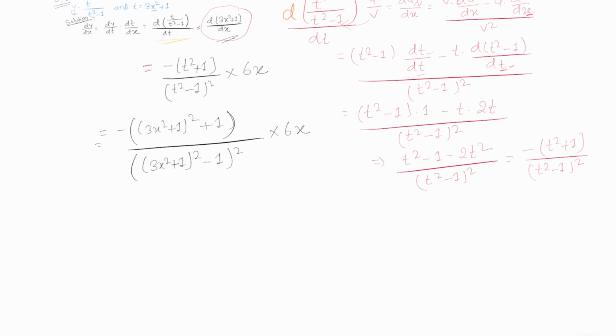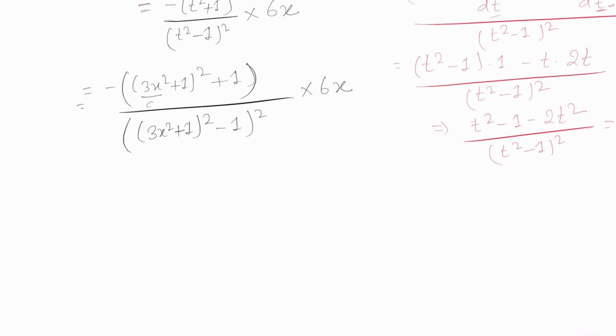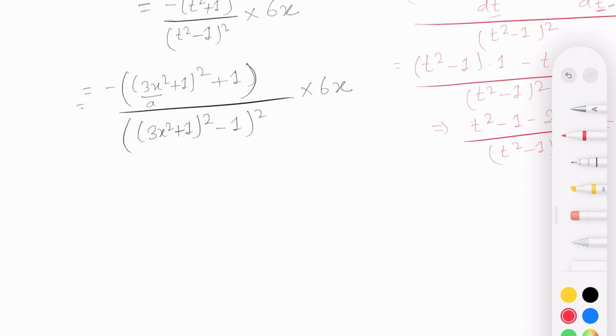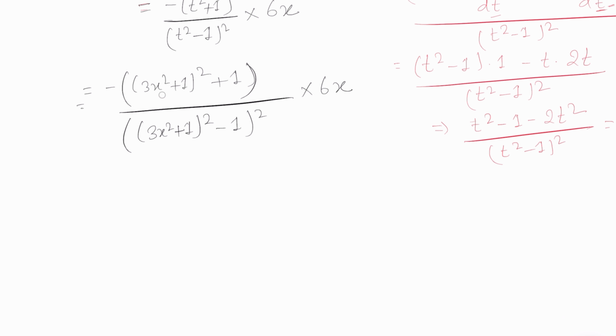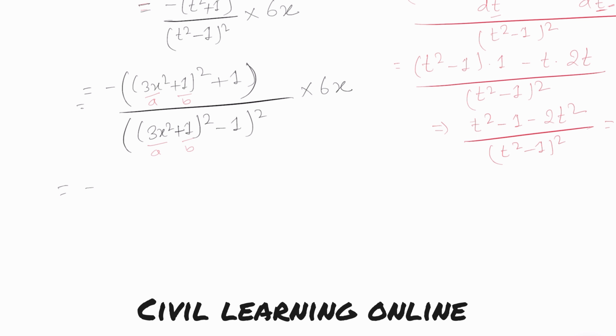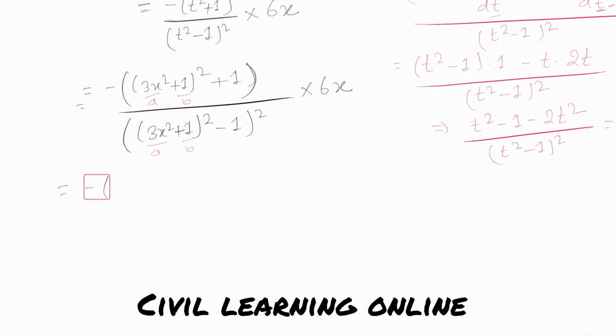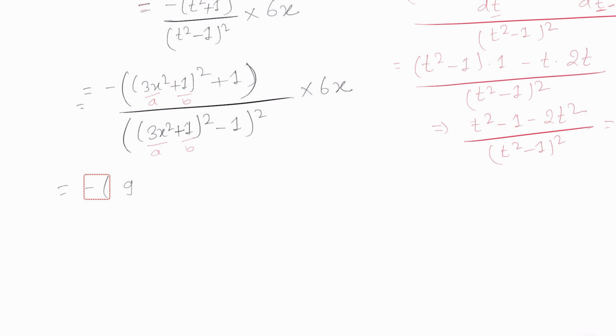So we will use the formula here. This one is a and this one is b. We will write here (a plus b) whole square, meaning minus (a plus b) whole square. So a square means 9x to the power 4, plus 2 times 3 is 6x square, plus 1, times 6x, divided by, again, a square minus b square.